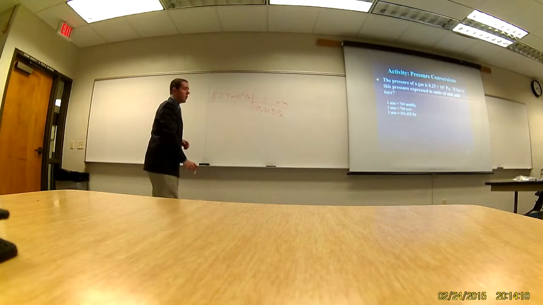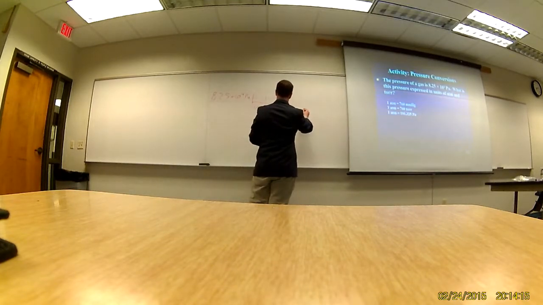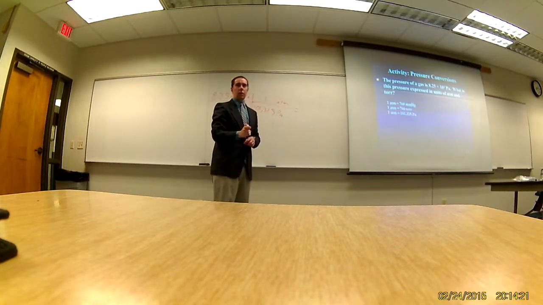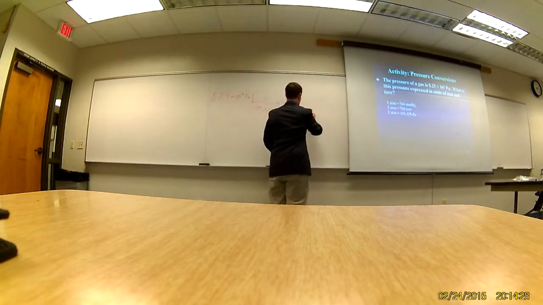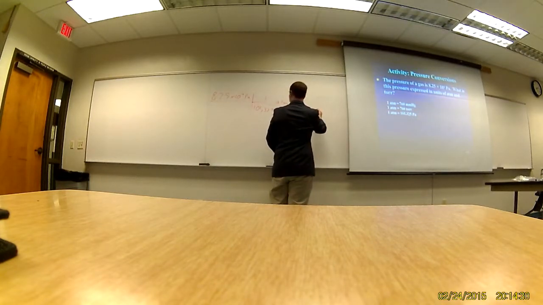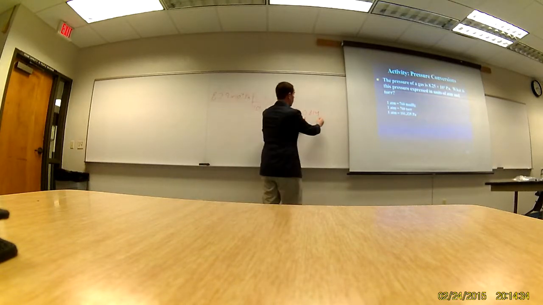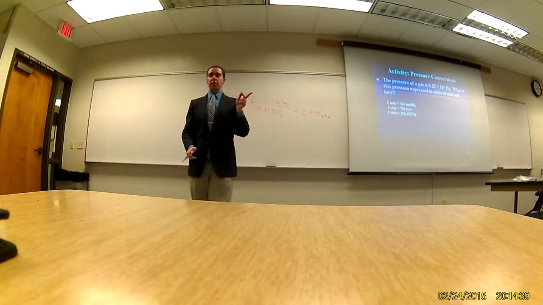So what does that come out to be? 8.25 times 10 to the 4th pascals divided by 101,325, which is 0.8142. We only need 3 sig figs, so 0.814 atmospheres. So that's the first part of my problem.